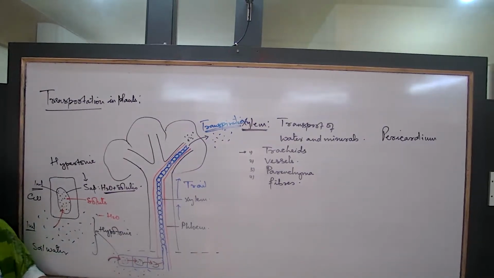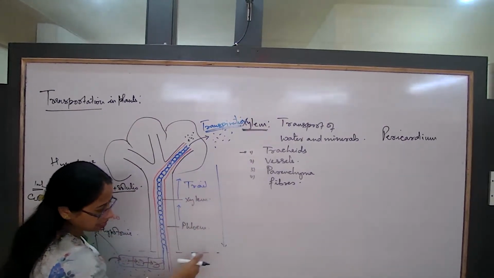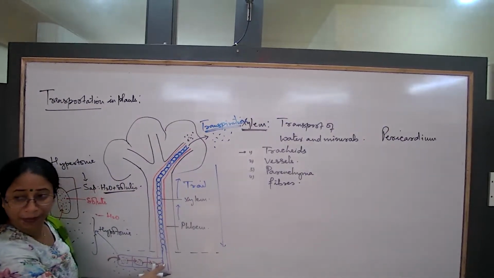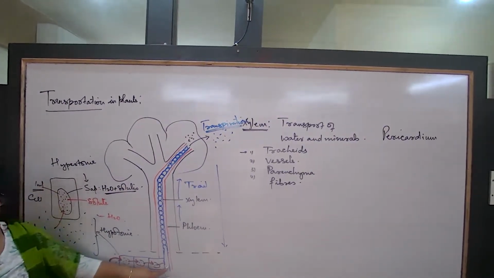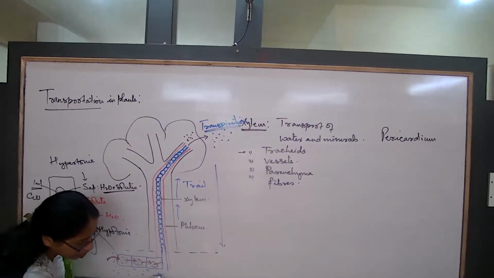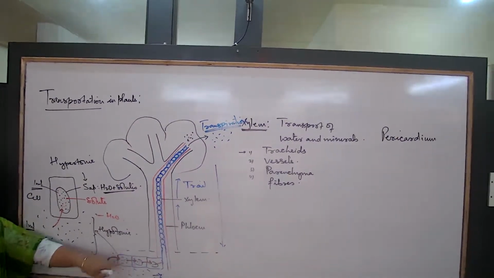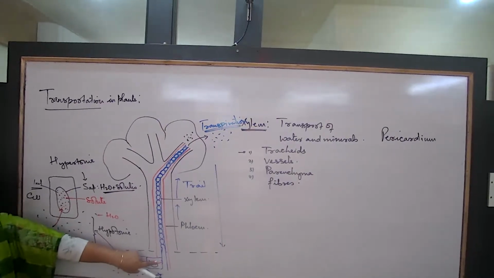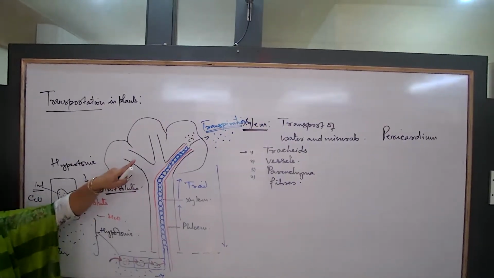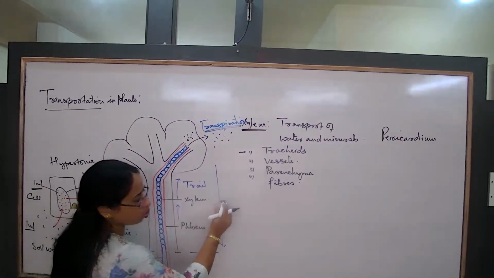But the moment the rate of transpiration is high, because of the empty space, there is a pulling force. As soon as this space is created, this process becomes even faster. Yes or no? Now this particular pulling force which is created due to a very high rate of transpiration, what is this pulling force known as?